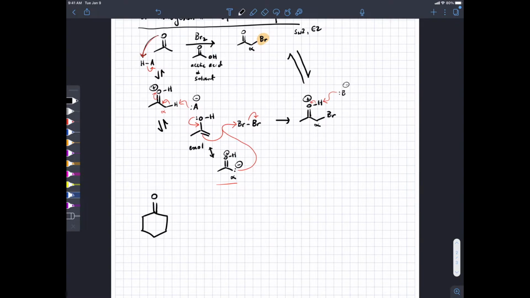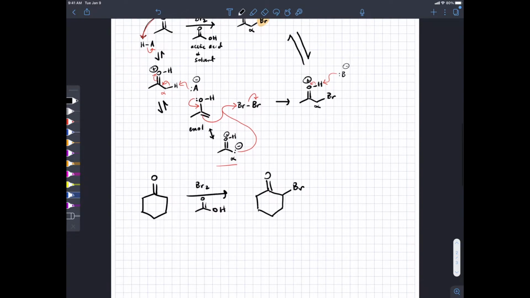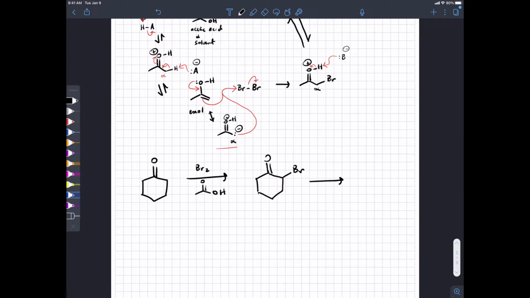The first would be, let's see, Br2 with acetic acid to give you the alpha bromo ketone. And then if you add a nucleophile, for example, this thiol, you can do the SN2 reaction, the substitution reaction where you install a nucleophile at the alpha carbon to a carbonyl.